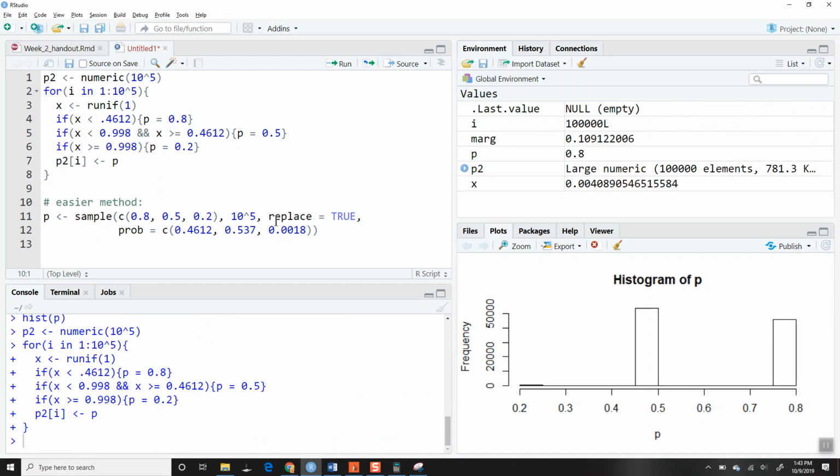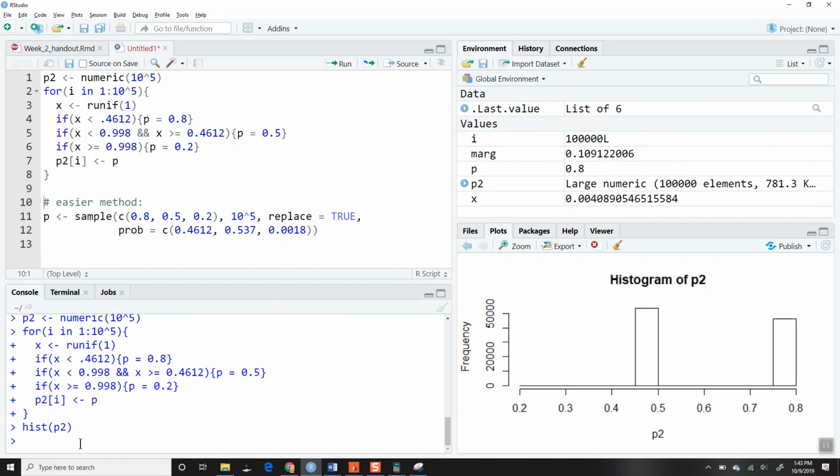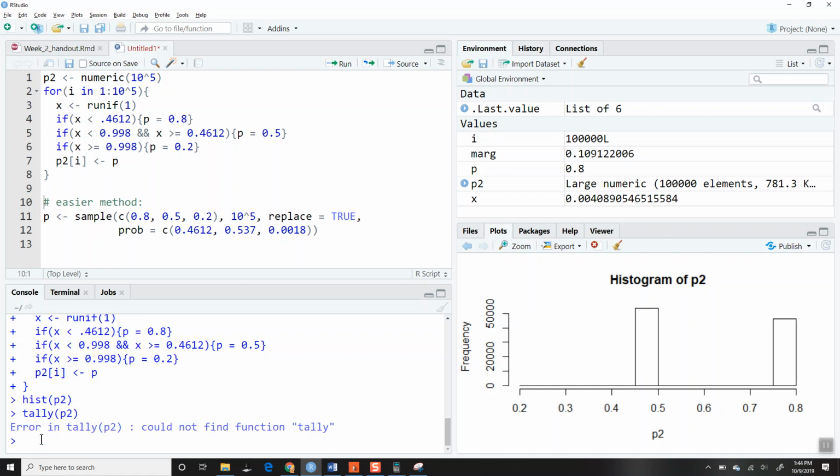So it takes a little bit, and then we'll create a histogram of P2, and we hope this looks the same. Did we not get any 0.2s? Let's see, tally P2. There's no tally function, or a table.